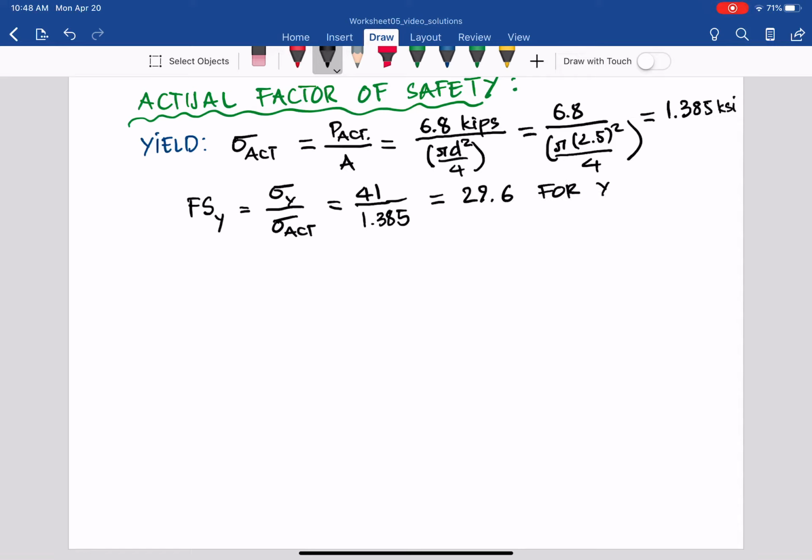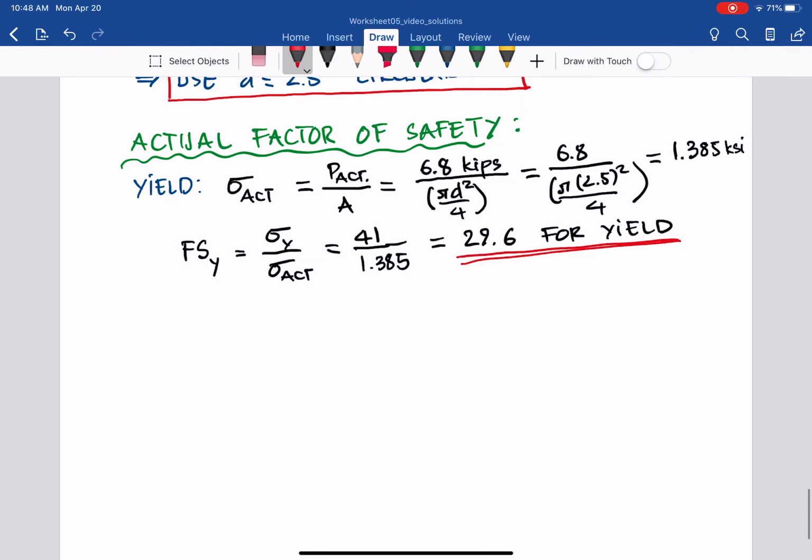For yield, it's a lot. The actual factor of safety is very high for yielding. Why? Originally, as you can see, we only set 1.5, and now with the design it goes to almost 30 factor of safety. Why?